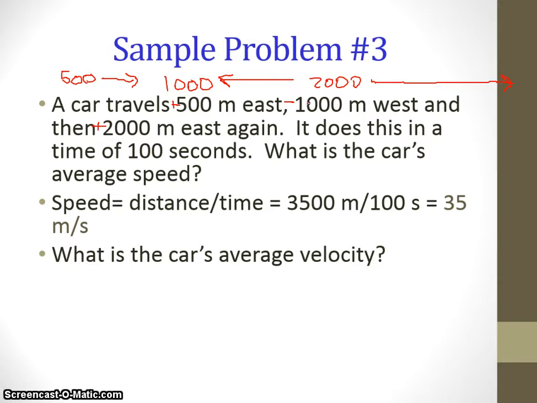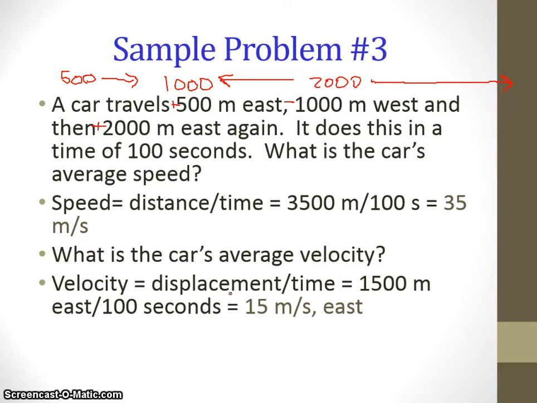So 500 minus 1,000 plus 2,000. That is the displacement. The displacement divided by the time. 500 plus 2,000 minus 1,000 is 1,500 meters. So 1,500 meters east, that's the displacement. And you divide that by the time, 100 seconds, that gives you 15 meters per second east.